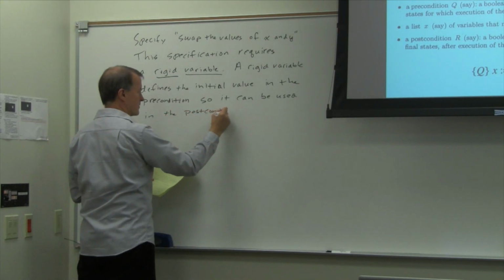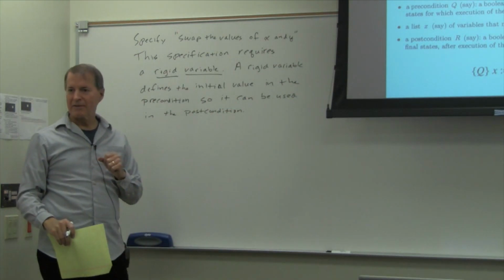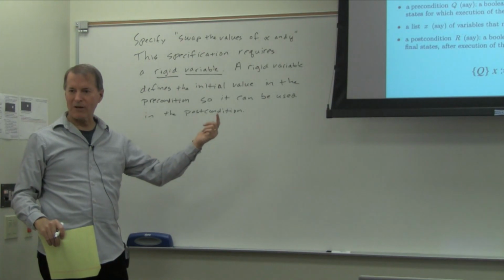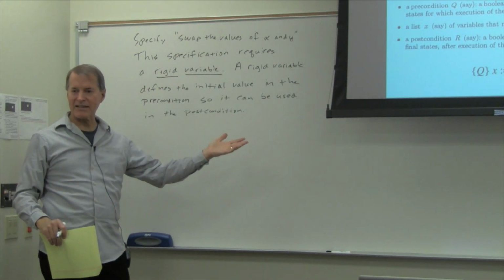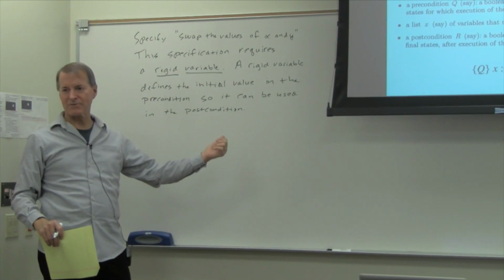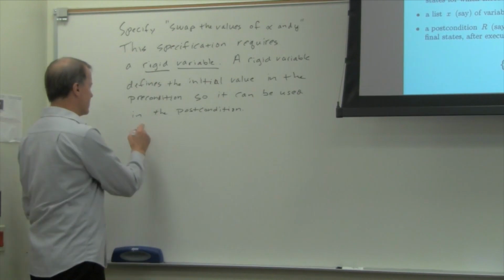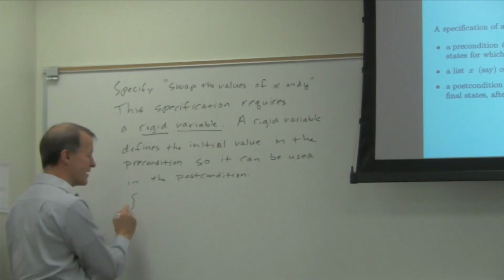Do we need two? Actually, in this case, we do need two. And why do we need two? Because we want to specify in the postcondition that x has the initial value of y and y has the initial value of x. All right, so now with this in mind, what is the specification going to look like?